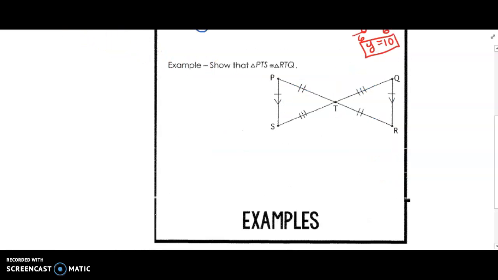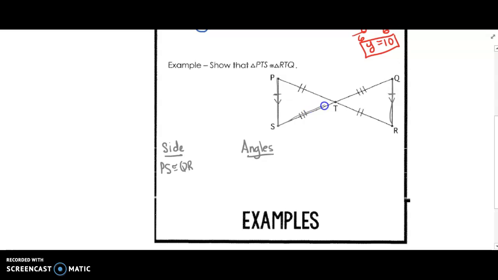All right, so to show that these two triangles are congruent, I have to show that all pairs of sides are congruent and all pairs of corresponding angles are congruent. Okay, so the sides. I have PS and QR, and I know that because they have the one tick mark. So I just say PS is congruent to QR, that's given in the diagram.